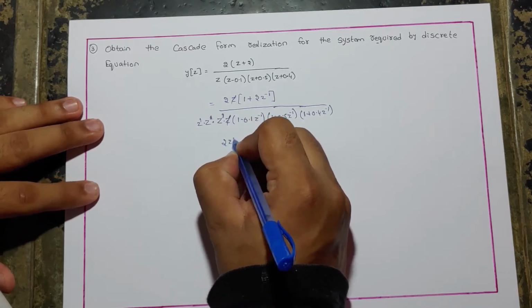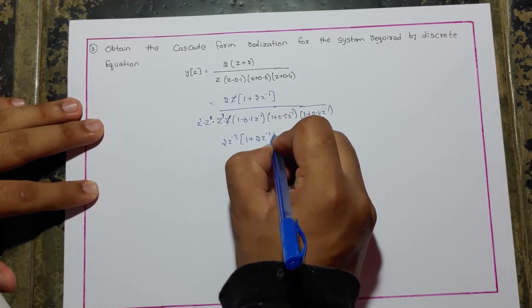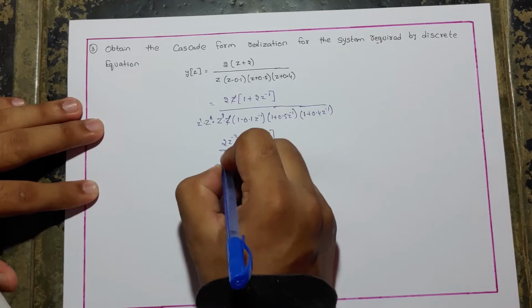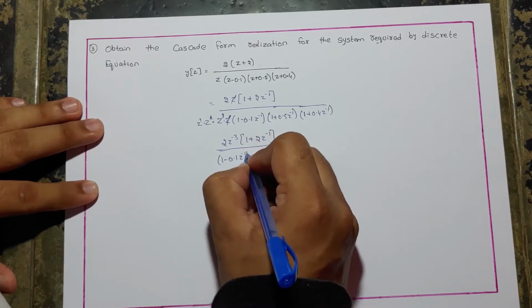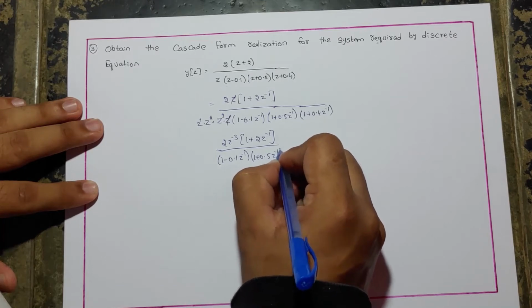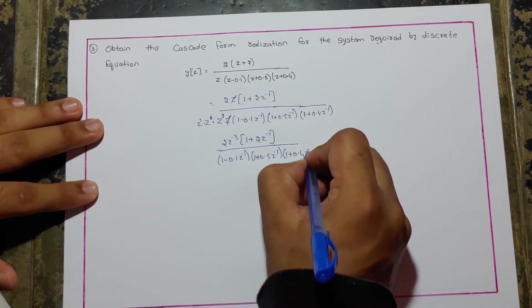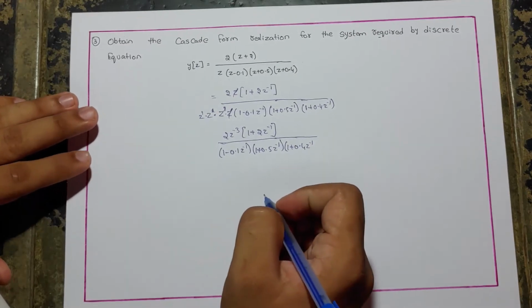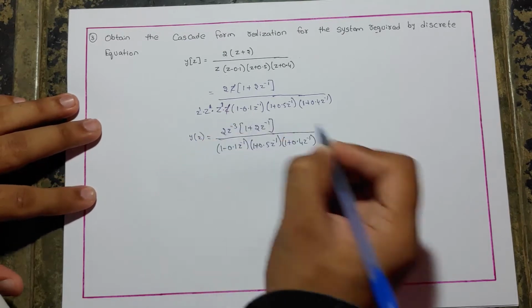That is 2 times z power minus 3 times (1 plus 2 times z power minus 1) divided by (1 minus 0.1 times z power minus 1)(1 plus 0.5 times z power minus 1)(1 plus 0.4 times z power minus 1), which is equal to Y(z).